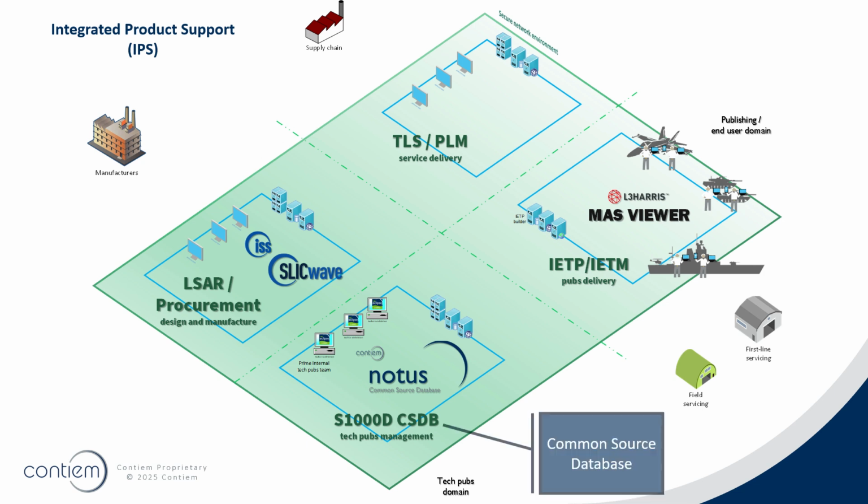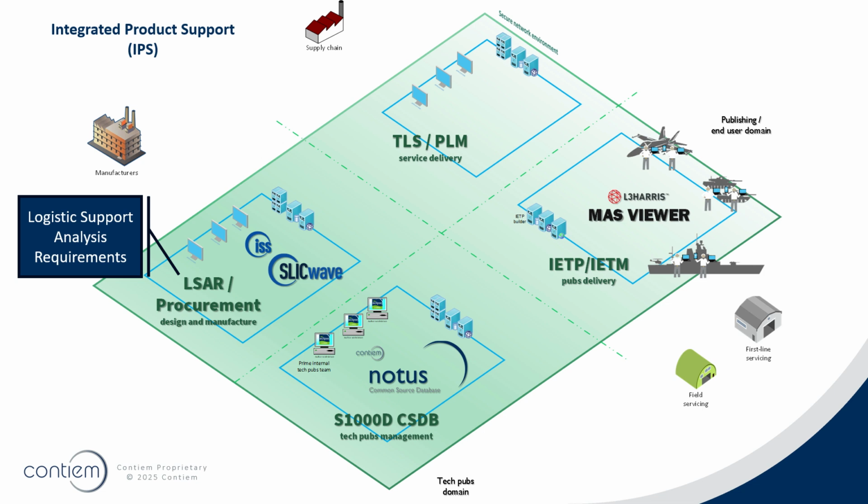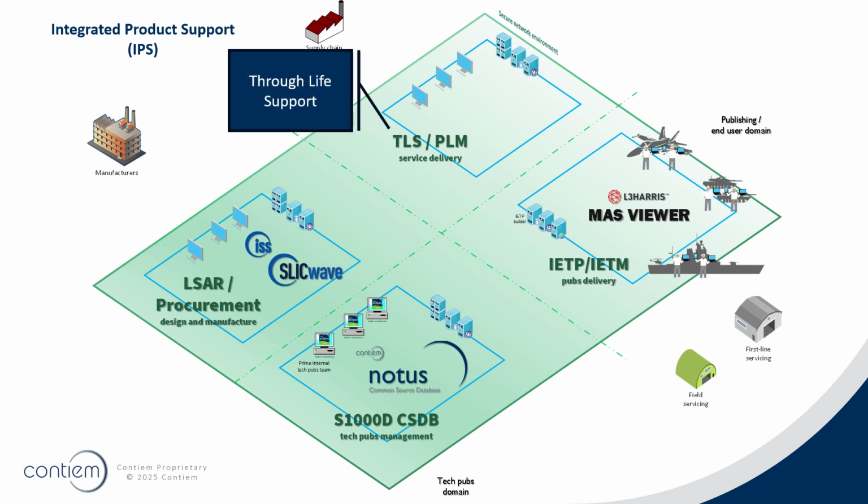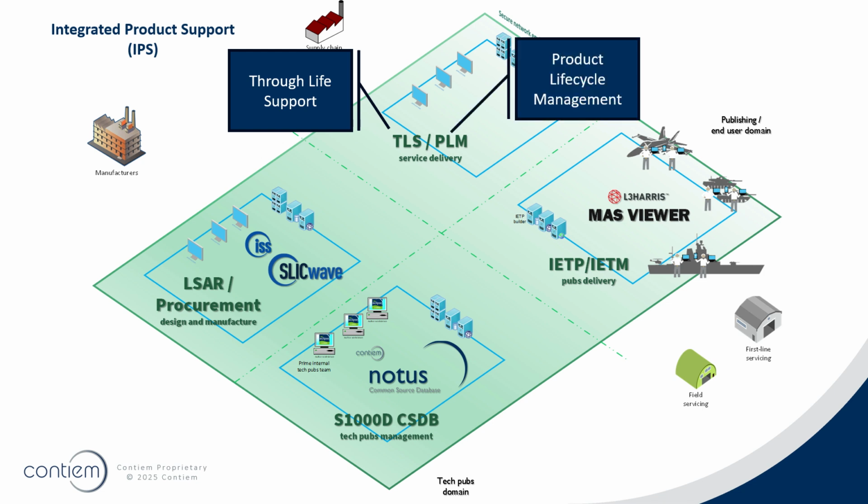I'm going to explain a few of the acronyms. We have Common Source Database, which is where we store all of our data modules and assets that are created in S1000D. We have Logistic Support Analysis Requirements, which is the engineering practices of looking at the product design and deciding what servicing and operational tasks are required to support it. At the top, we have 2 different terms, through life support or product lifecycle management.